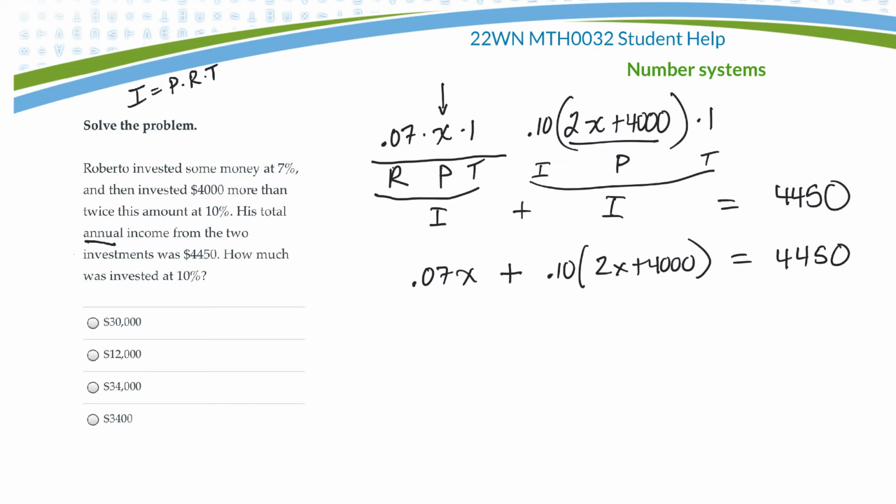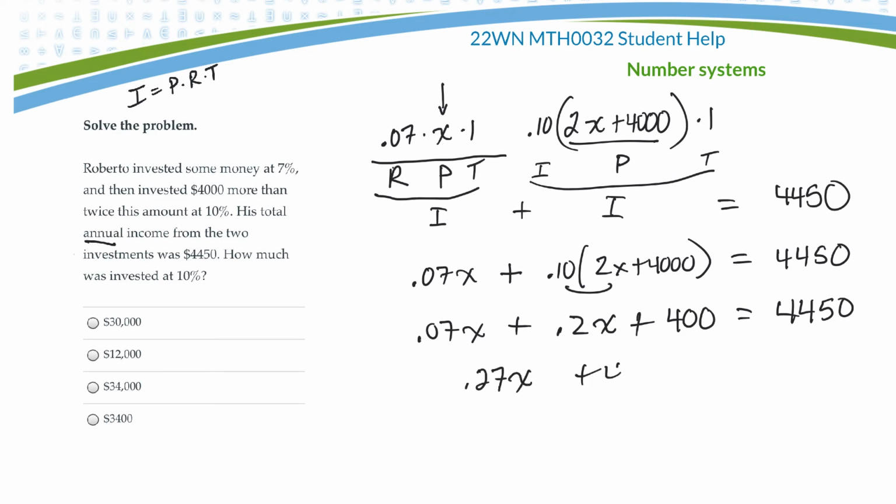Now I just solve this equation. So let's use the distributive property there. So that would be 0.2x, is that right? Yeah. Plus 10% of 4,000 would be 400 is equal to 44.50. Gather my x's, so that'd be 0.27x plus 400 equals 44.50.